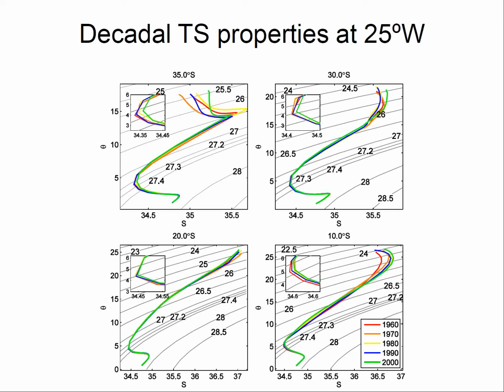And at central and mode water depths here, on isopycnal levels, we see a decrease in salinity in comparison to the other locations. Of course, at 20 south, these changes are not as prominent as they are in the other locations.